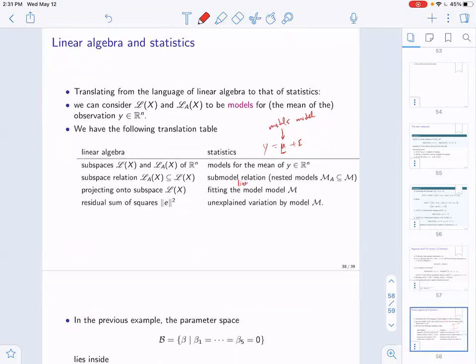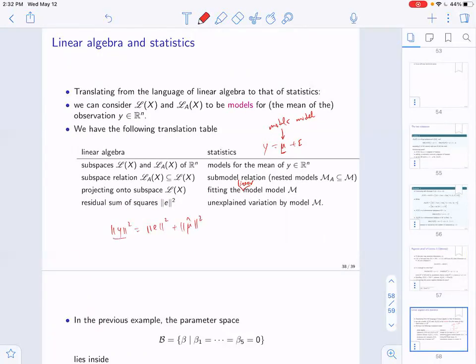This is linear. And then the unexplained variation by the model, you can say it's just the residual sum of squares of the errors of the projection. So this has some intuition in terms of the statistics. This is by the Pythagorean theorem.